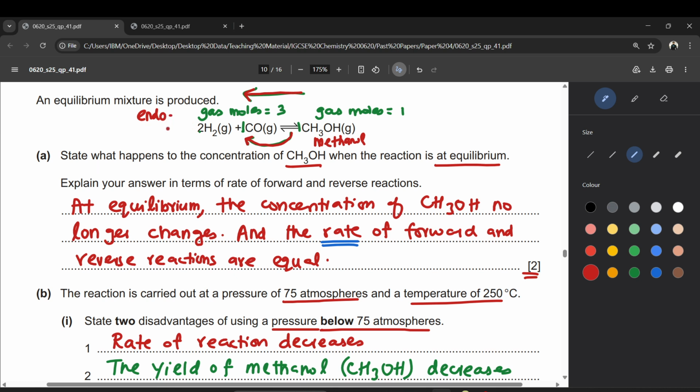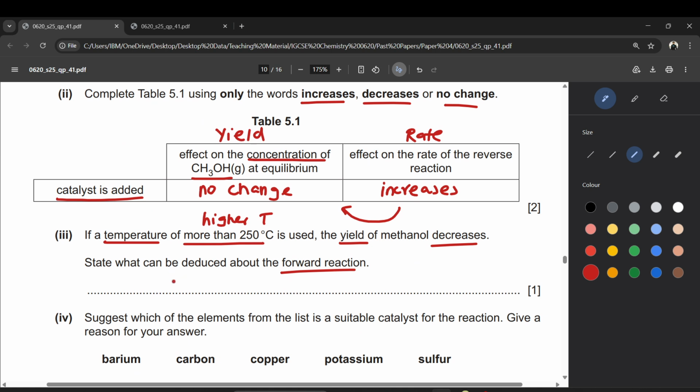If the reverse is the endothermic side, then automatically your forward reaction is going to be exothermic, because in a reversible reaction, if one direction is endothermic, automatically the other is exothermic. So we can say that the forward reaction is exothermic.